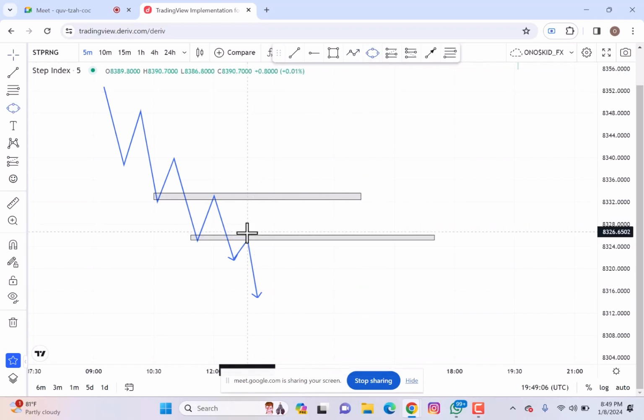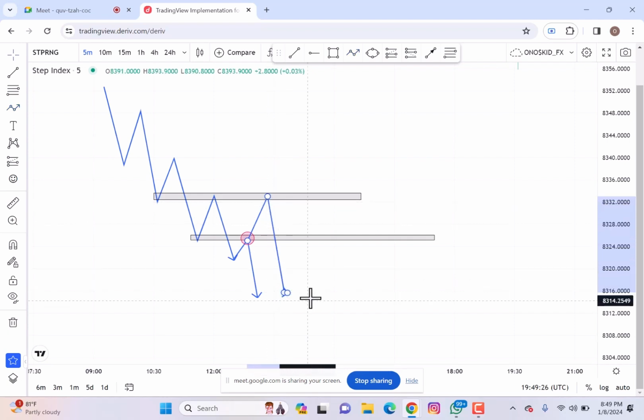It's also possible that the market can decide to push from here all the way to this point and begin to crash down. So this point is also my POI, and I'm willing to take entry from any of these levels.